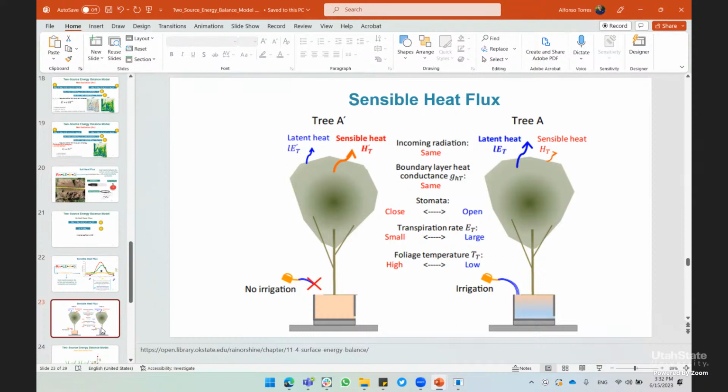So when stomata closes, transpiration is small. When it opens, the transpiration is large. When the foliage temperature, the temperature of the crop, goes high, the transpiration will be smaller, because since it's stressed, the temperature inside rises up. So for not losing water by transpiration, the stomata will close, and it will have less transpiration.